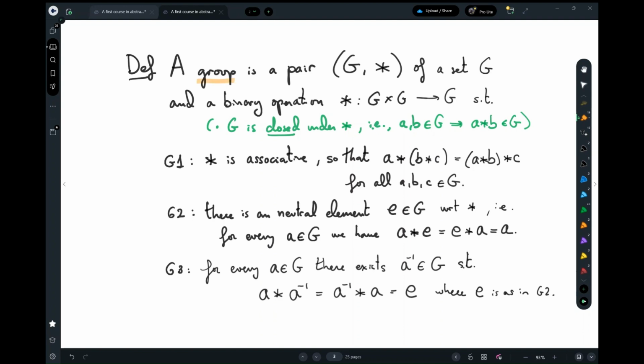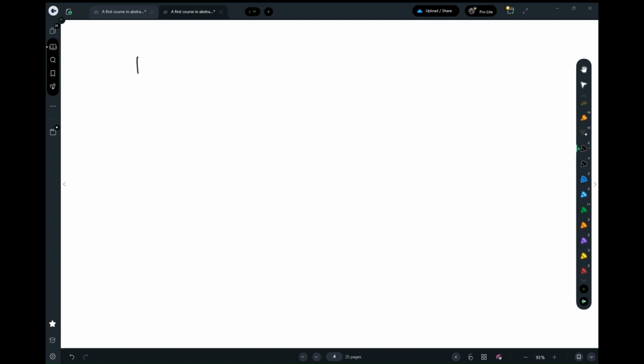This is a group. And now we are going to also define an abelian group. So let (G, star) be a group. So star is a binary operation. It satisfies G1 through G3.